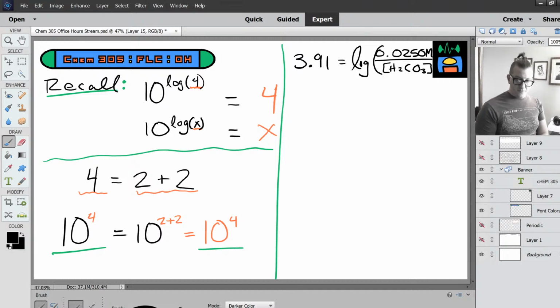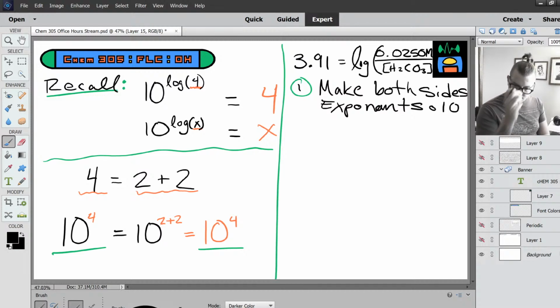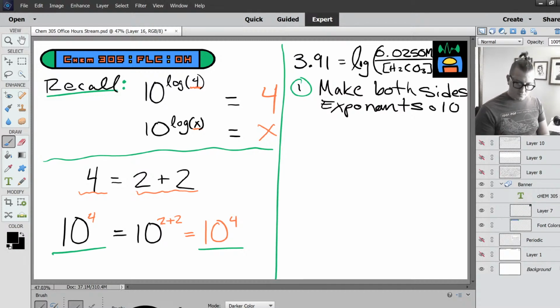All right, first, I'm going to make both sides exponents of 10.